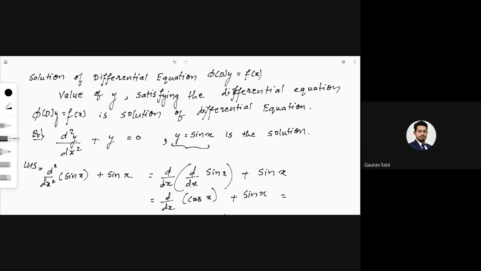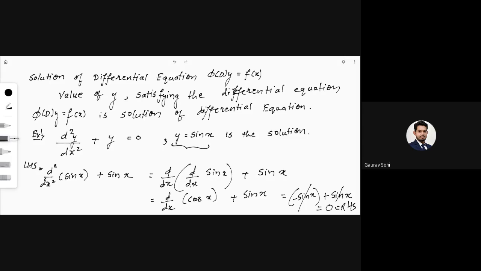Now you take the derivative of cos x, which is minus sin x plus sin x. These two will cancel out each other, and the answer is 0, which is equal to RHS. So is it clear what thing you call a solution? Yes. Solution is simply the value of y which will satisfy your differential equation.